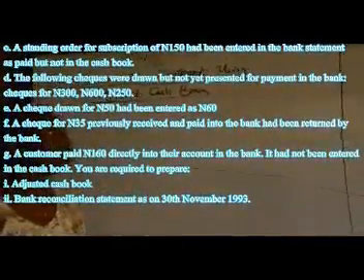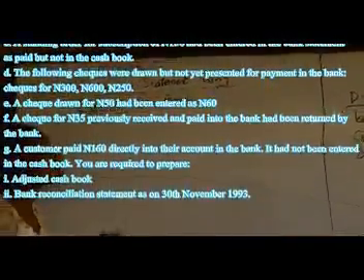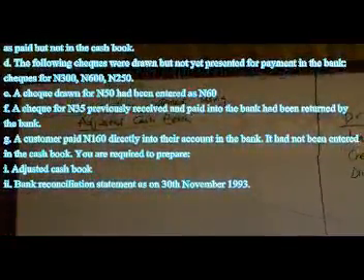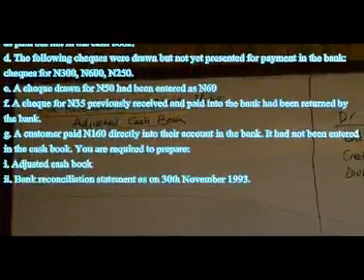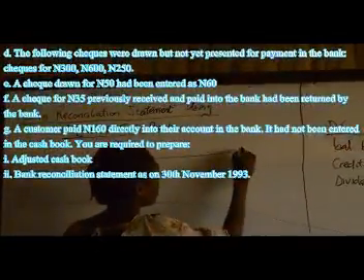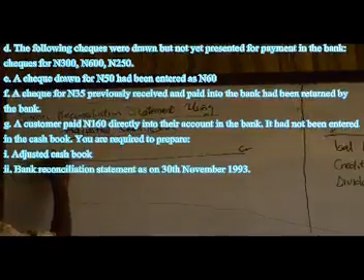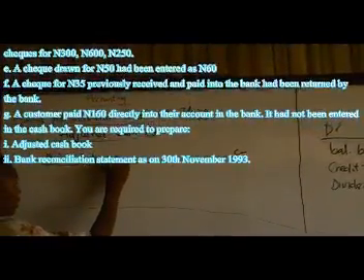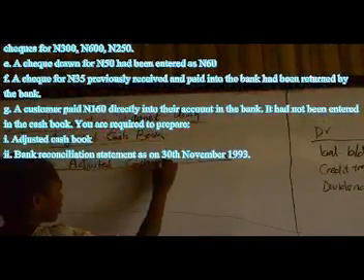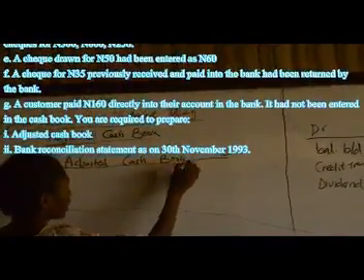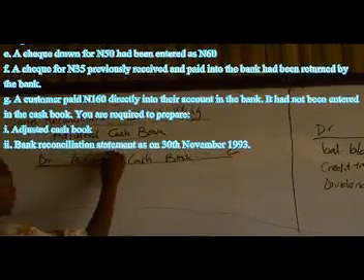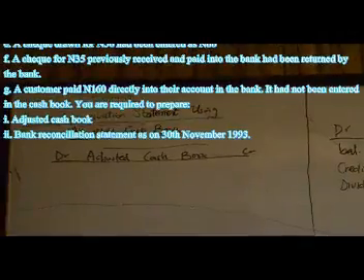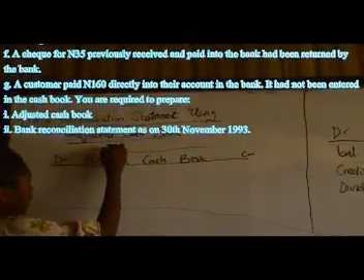So the first thing we'll be doing will be making our adjusted cash book. Like I said, our adjusted cash book is simply making another cash book with our cash book balance and making adjustments.